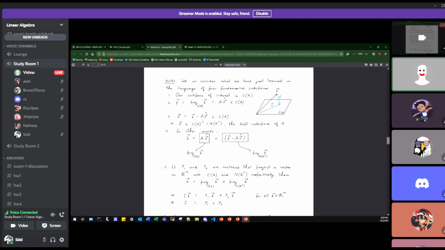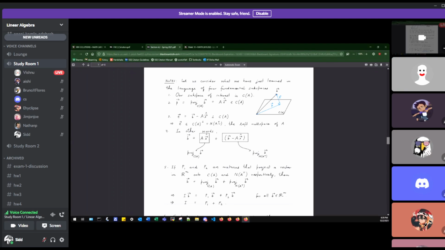So the error vector will be in the left null space of the subspace. Okay, so if we represent the subspace as the column space of some matrix, then the error vector would be in the left null space of the matrix.